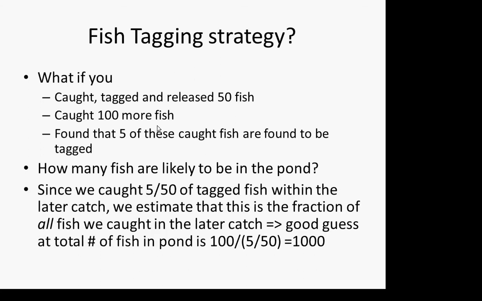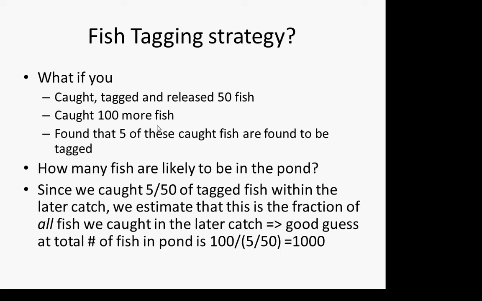So the idea is that we know from finding these 5 that we've caught 10% of our tagged ones. So we'll say, well, it's probably pretty representative for all the fish we catch. These 100 are 10% of all fish. Does that make sense?